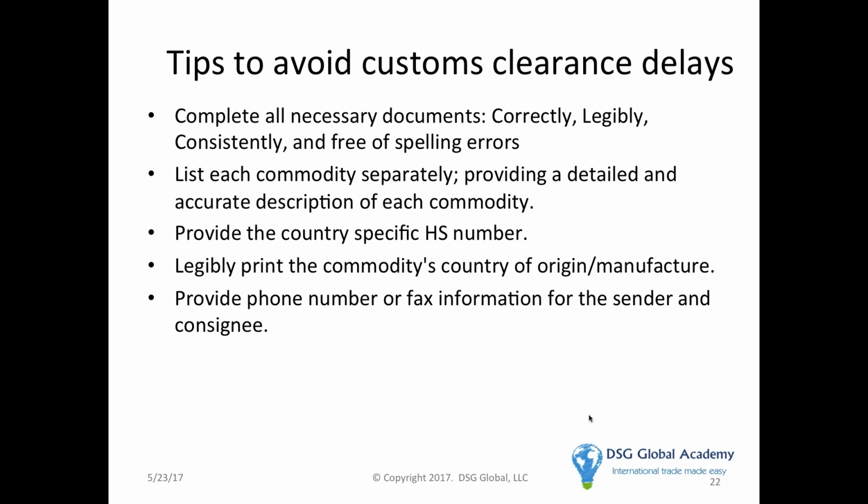List each commodity separately, giving a detailed description of the commodity so that the customs officials at the other end can figure out what the product is, and it's not just XYZ 813893. You know, I mean, they have no idea what your SKU number really is.